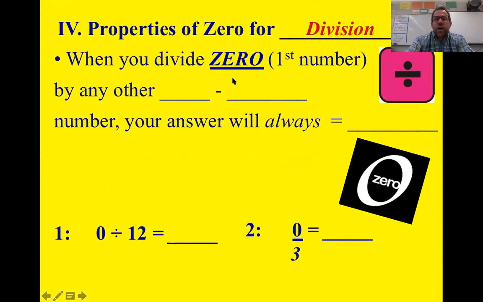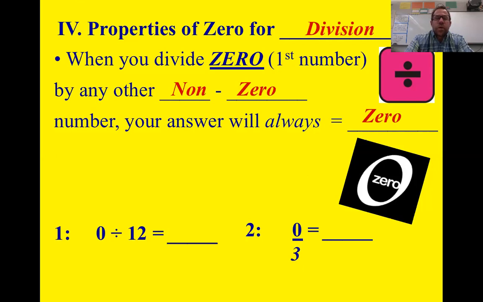Here it's 0 divided by 12, and over here is 0 divided by 3. So when it's the first number and you're dividing by any other non-zero number, 12 is not a 0, 3 is not a 0, then your answer will always be 0.